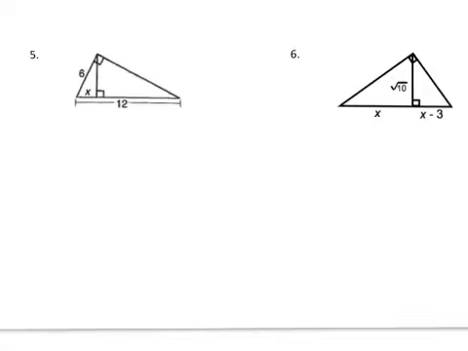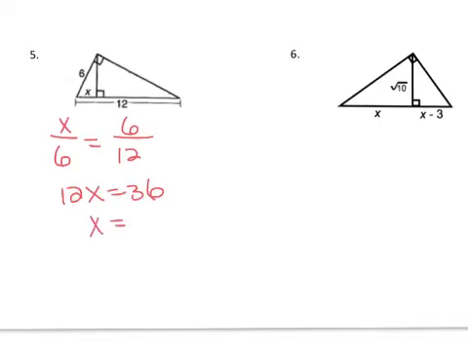So that's how I'm going to set up this ratio. Short side over hypotenuse is equal to short side over hypotenuse. And if I cross multiply, I get 12x is equal to 36. So x ends up being 3 here.